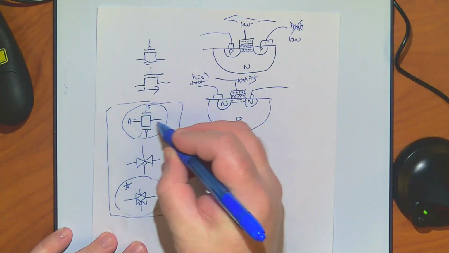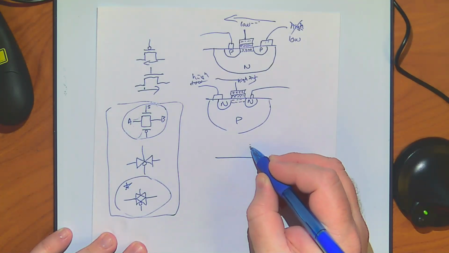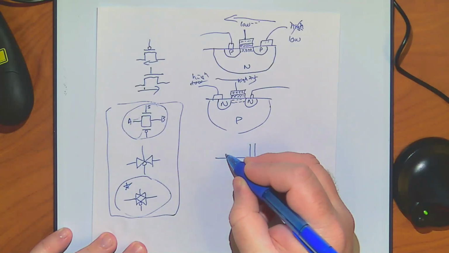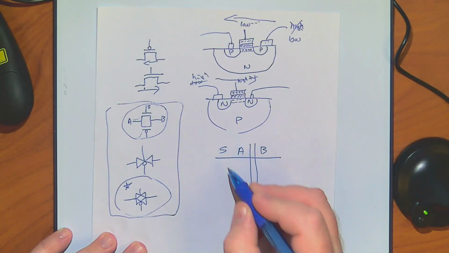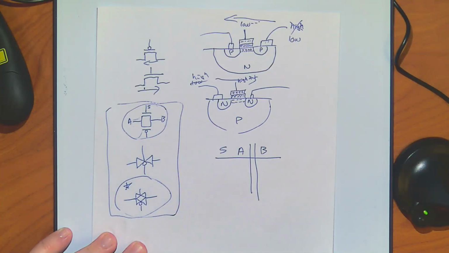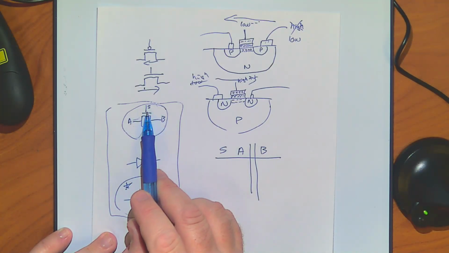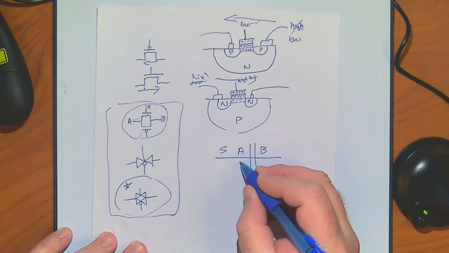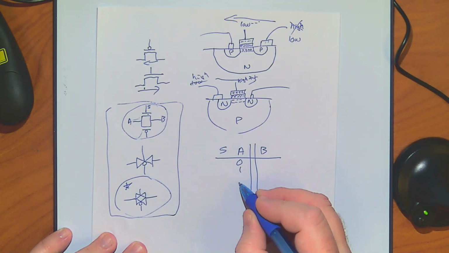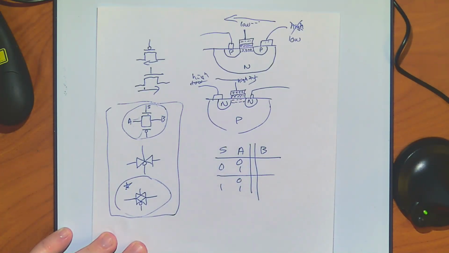And I've got some A going to B. Okay, A, B, I've got my select. And we'll figure out what we want to do with this one here in a sec. Just imagine this select right here. And A can either be 0 or 1. And it'll matter whether select is 0 or 1.